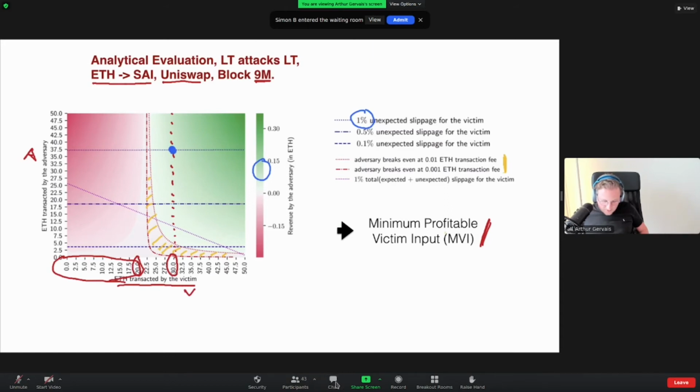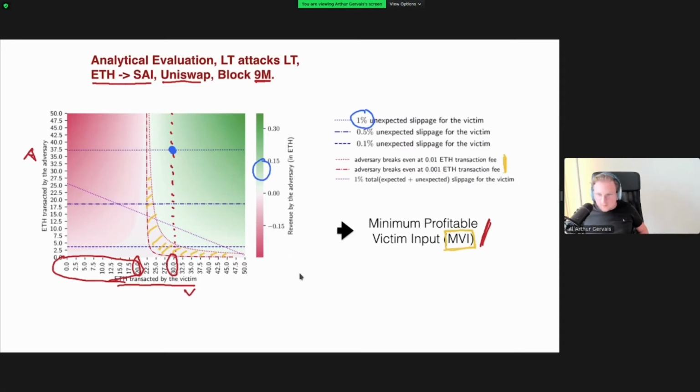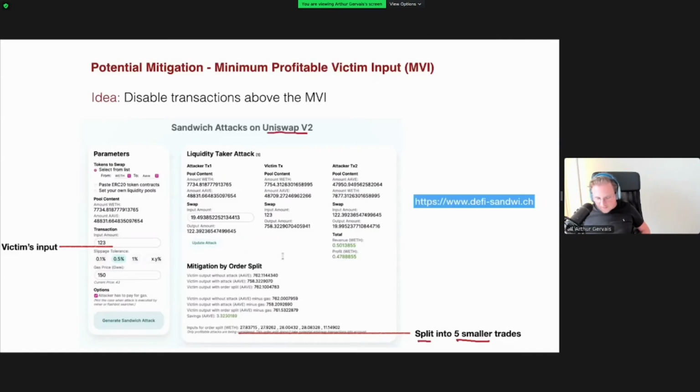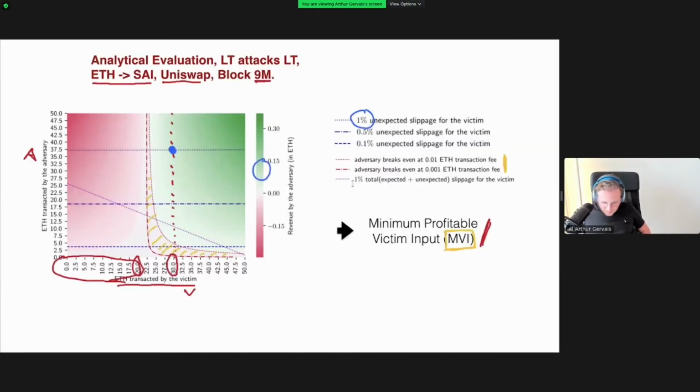The first is that you tell the user to split their trades, considering this minimum victim input. That increases your transaction fees, but it splits the trade into multiple transactions. So that would be countermeasure number one.